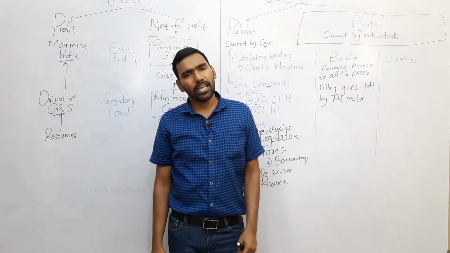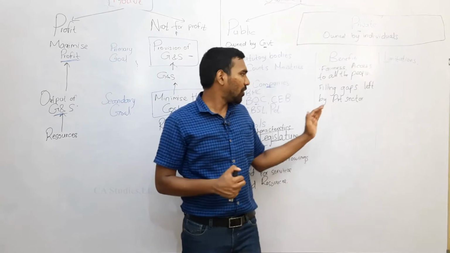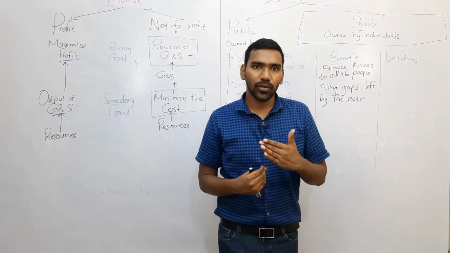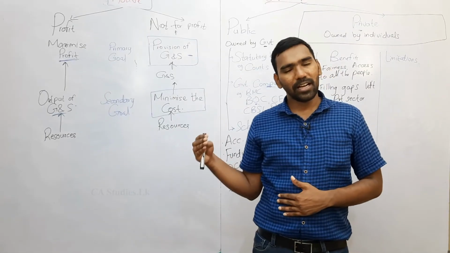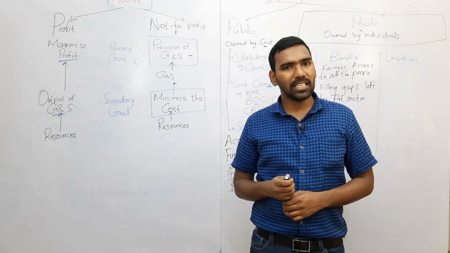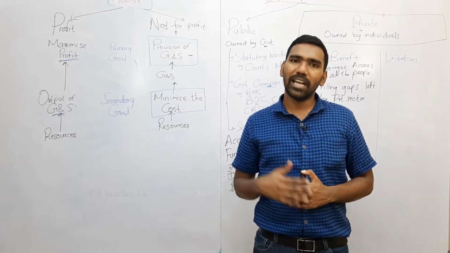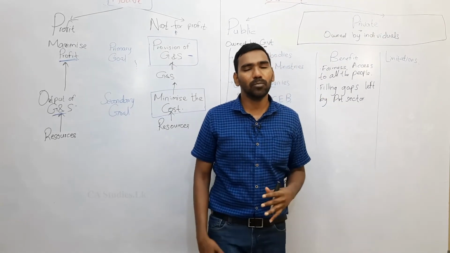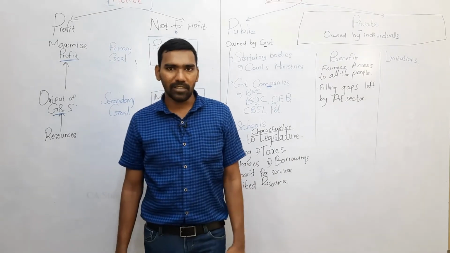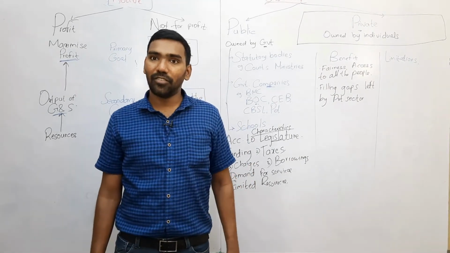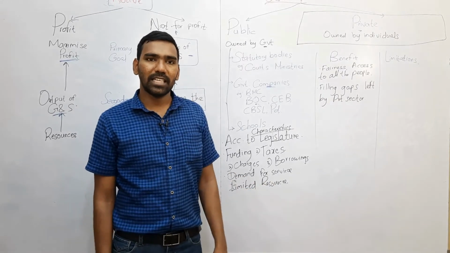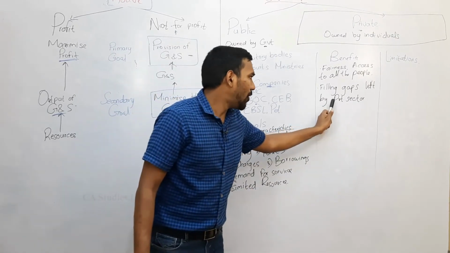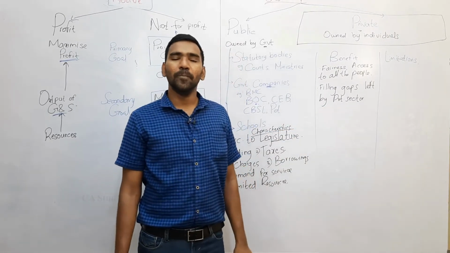So they won't entirely care about providing infrastructure services to the society, say for example, building roads or street lights. The private sector organizations won't be interested in providing those services as much as the government, because they most of the time focus on return on their investments, whereas they won't have much financial return on those kinds of activities. So those are the gaps left by the private organizations, which the government attends to.